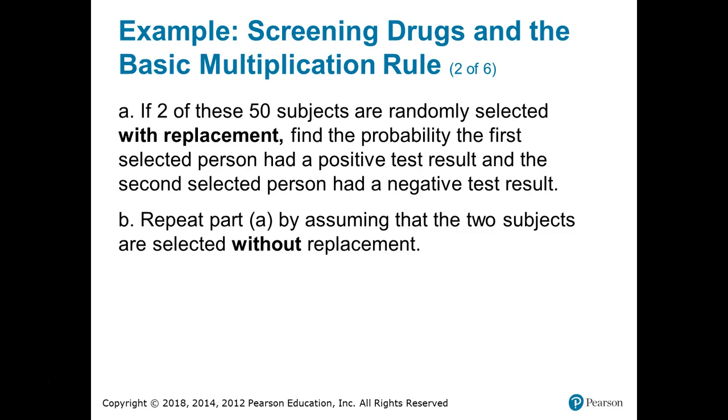But without replacement, think of 50 people in a claw machine. The claw grabs one by the head, and now they're out of circulation. You throw them off to the side. So when you do your second trial, you only have 49 people left in the claw machine.